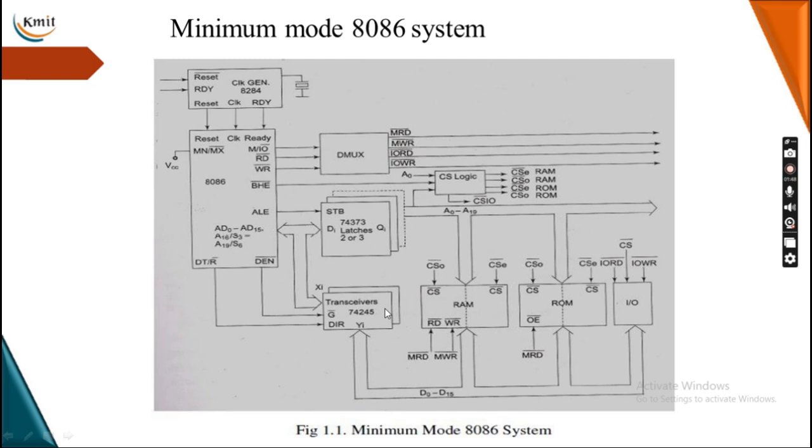So we require two 74245, which are 8 bit transceivers, D0 to D15. Depending upon BHE and A0, as we all know, A0 and BHE bar are the controlling pins for selecting the RAM and ROM.